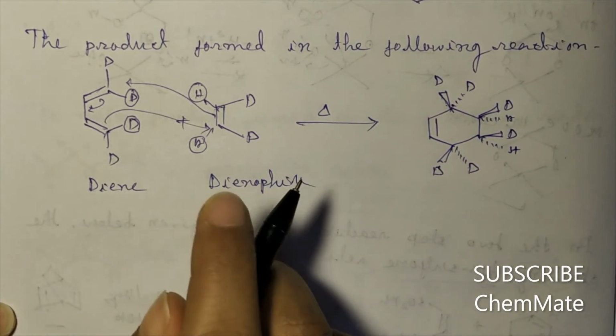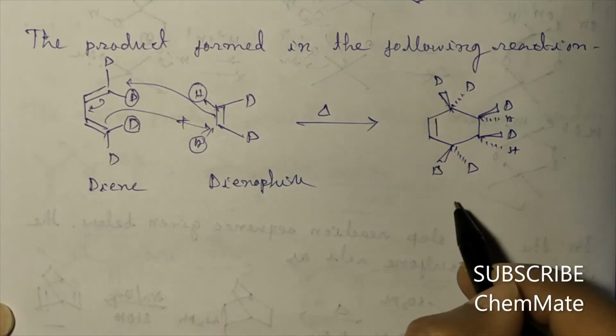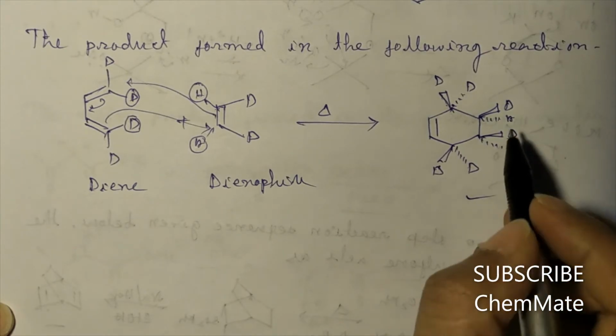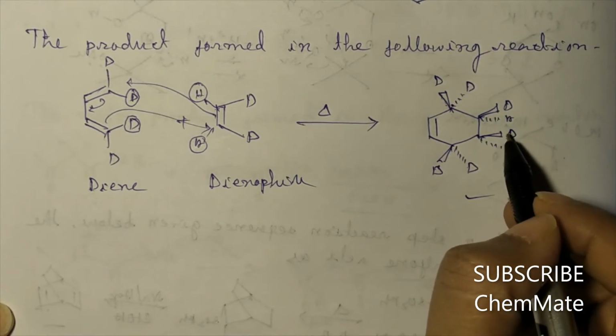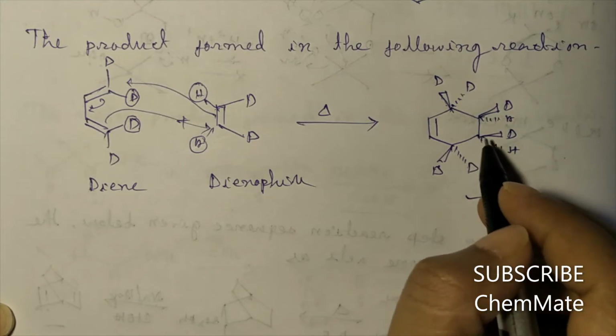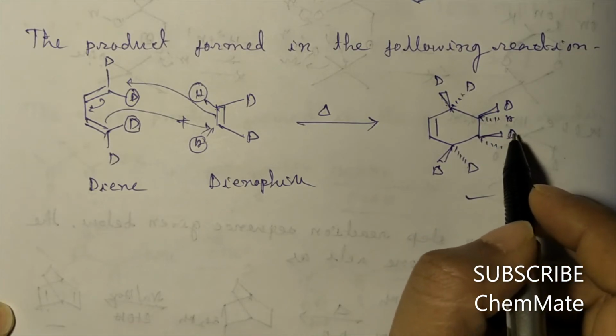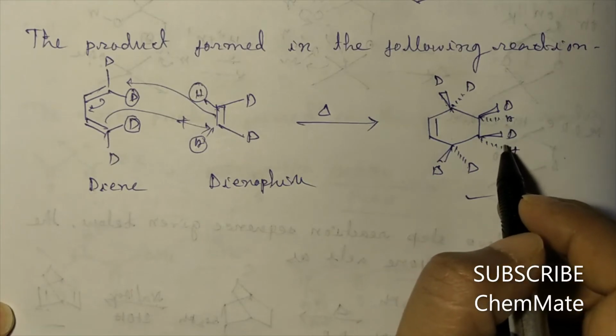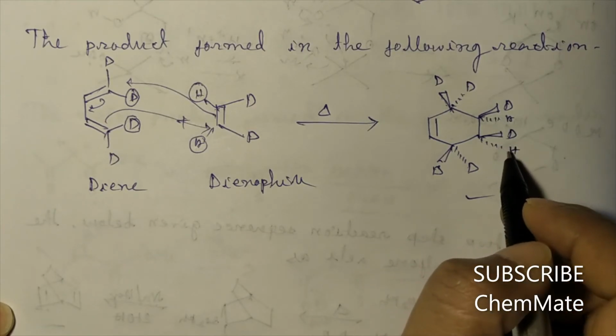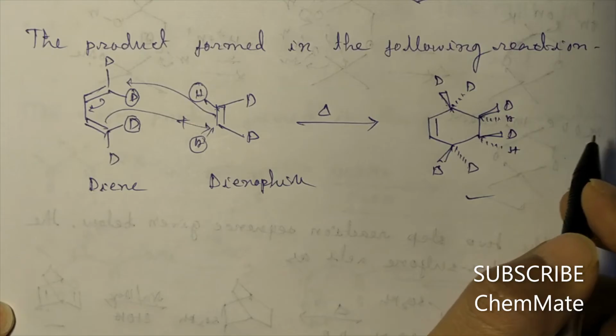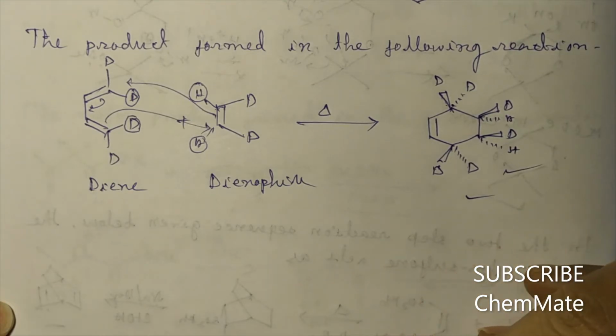As this is a stereospecific reaction, this will be the only stereochemistry. Here the deuterium will be on the same side. In the four options, the deuterium one is above the plane, one is below the plane, but this option will not be correct. This will be the correct answer.